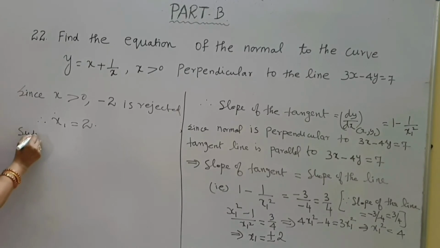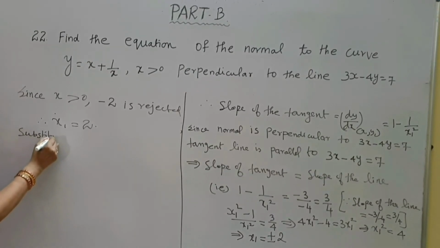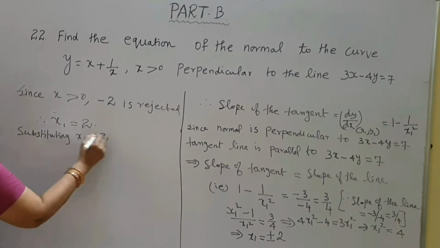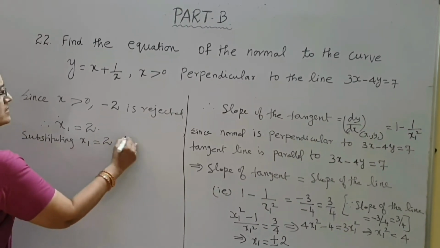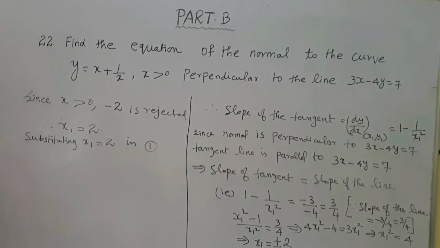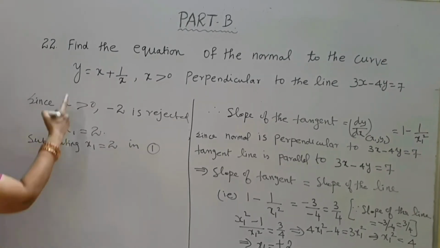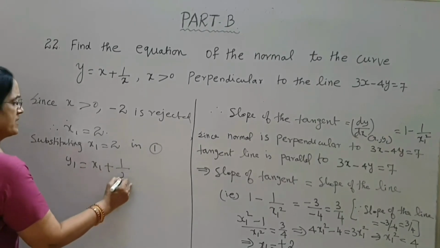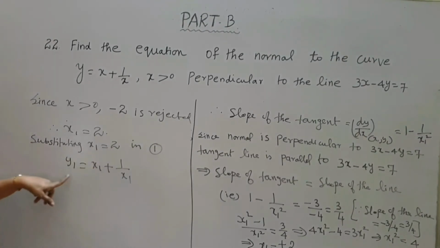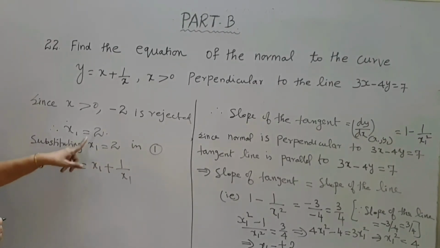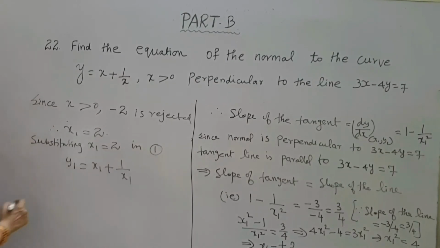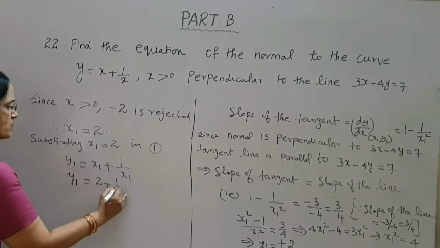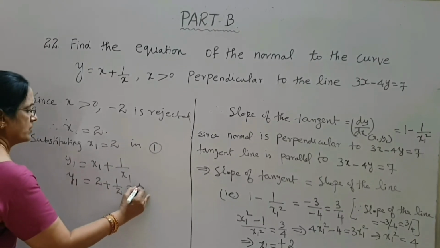Substituting x1 equal to 2 in 1. 1 is nothing but y1 is equal to x1 plus 1 by x1. When you substitute here x1 as 2, you will be getting y1 is equal to 2 plus 1 by 2, which is equal to 5 by 2.